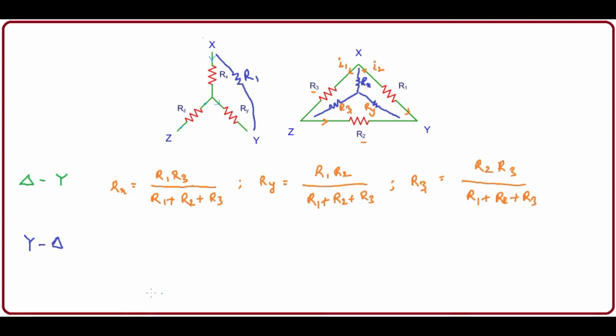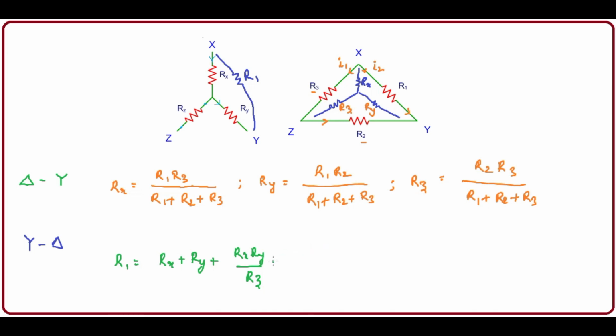Just see here. R1 will be equal to the sum of connected resistors, simply Rx plus Ry, plus the multiplication of connected resistors Rx Ry divided by the unconnected resistor, that is Rz.